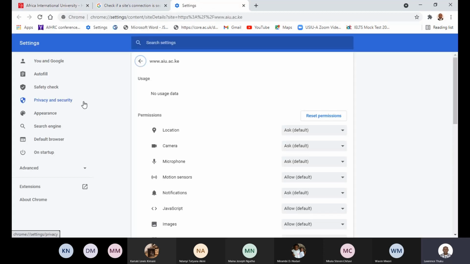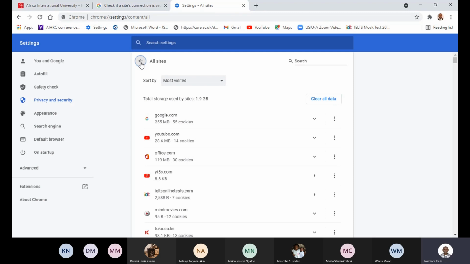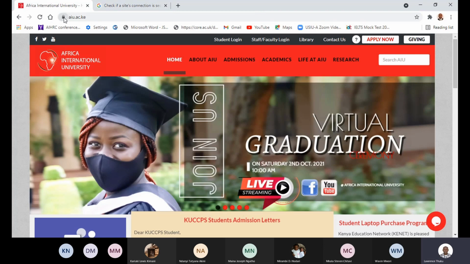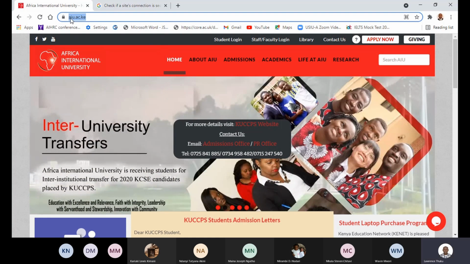There's something more I wanted to show you in terms of the protocol being used. It's not here. This is what I want to show you here.